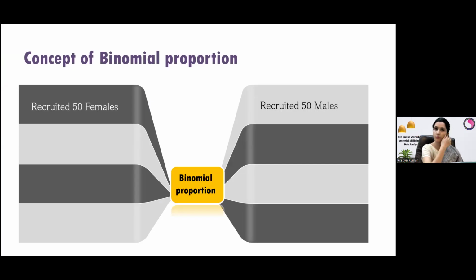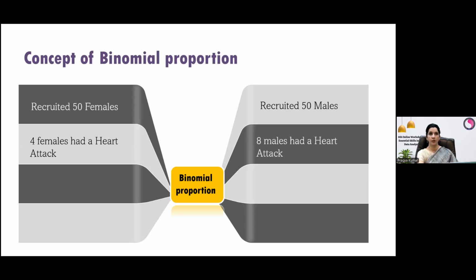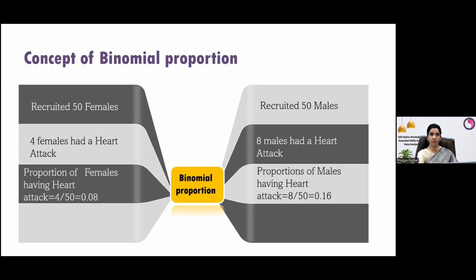Now, what is a binomial proportion? For example, for a myocardial infarction attack, I have recruited an equal number of males and females, 50 males and 50 females, and I want to see whether there is any difference in the proportion of myocardial infarction between these two groups. If 4 females had a heart attack out of 50, the proportion of women having a heart attack will be 4 by 50, which is 0.08.